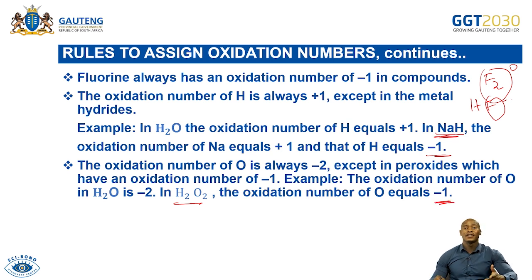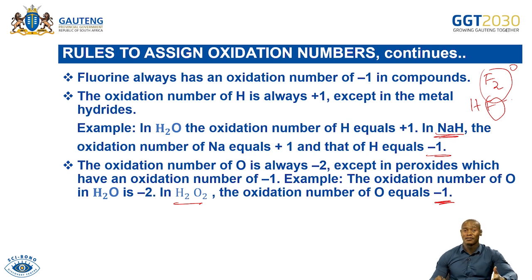So it only differs when it comes to peroxide, but in all other compounds, its oxidation number is always going to be -2. So those are the exceptions.